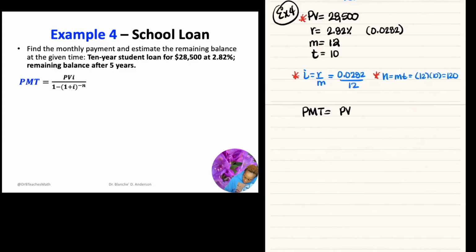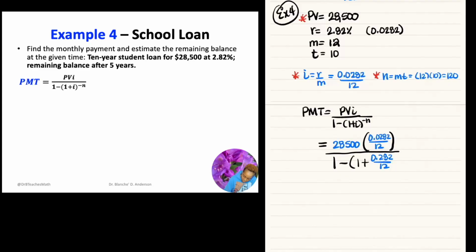PV times i over 1 minus 1 plus i to the negative n, right? So 28,500 times 0.0282 divided by 12, divided by 1 minus 1 plus, same thing, 0.0282 divided by 12, to the negative 120.